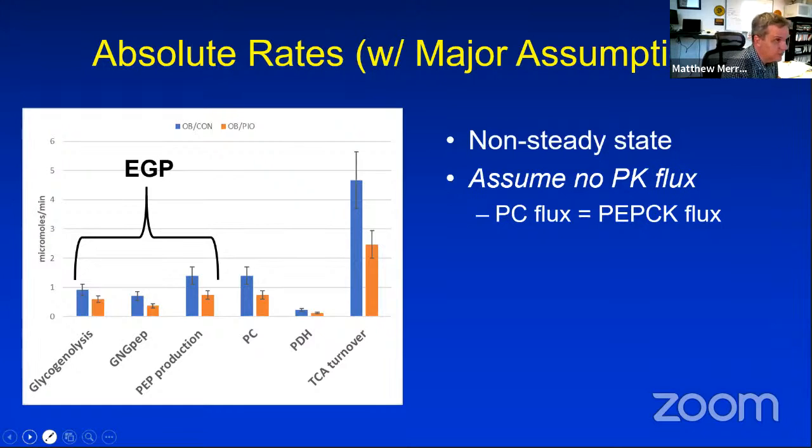You could say, well, you can see it in lactate. You can't really see it in lactate if there's any PK flux with this tracer, because it will make a singly labeled lactate, which is hard to quantify.